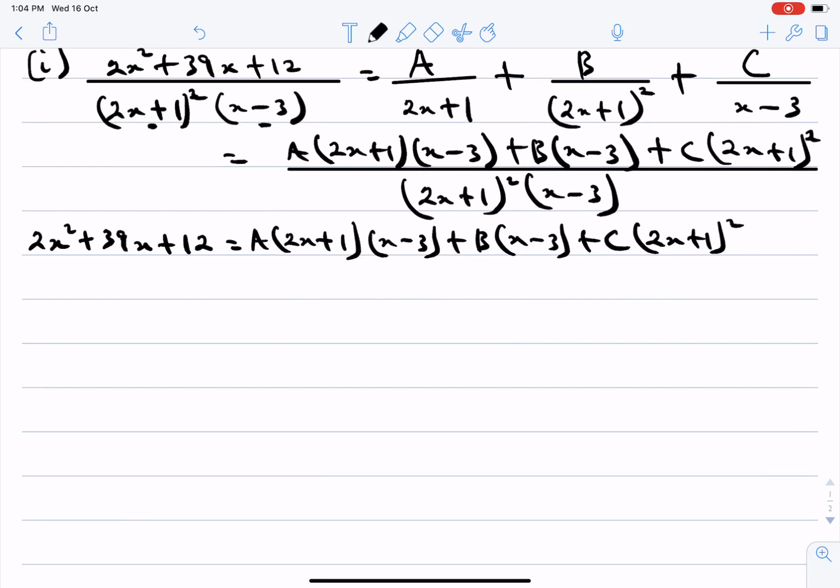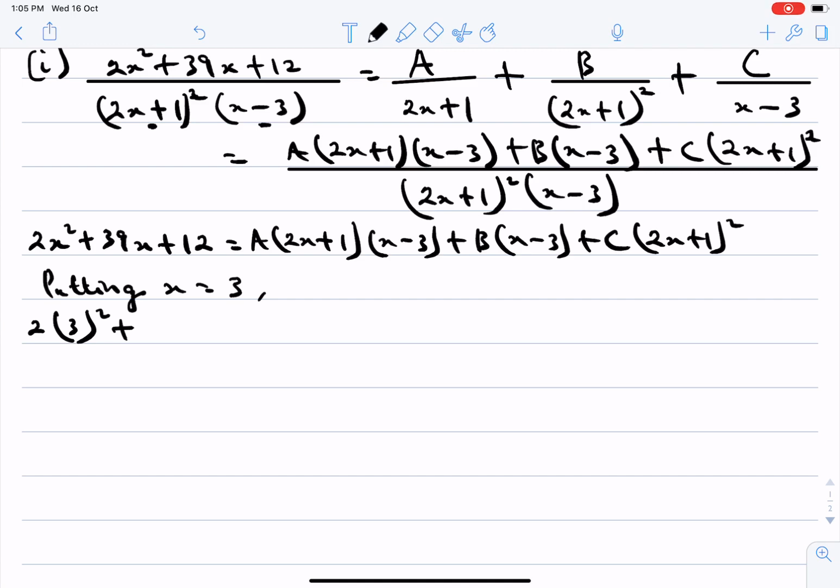So what do I do? Let me put in x equals 3. Is it better to put x equals 3 or to expand the right hand side?